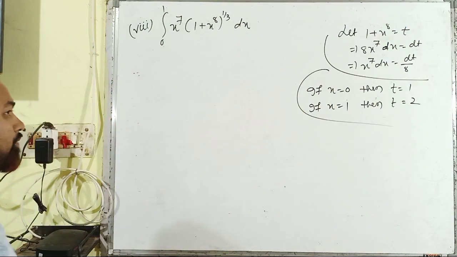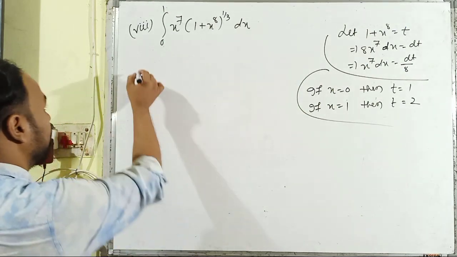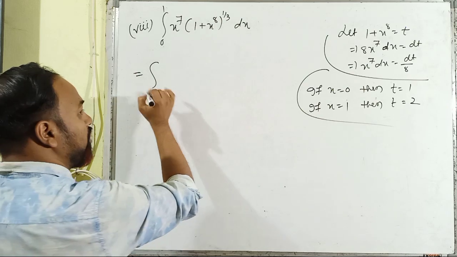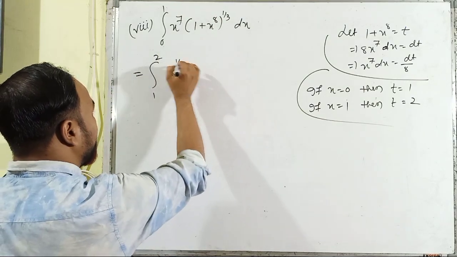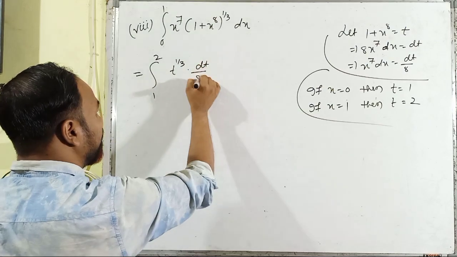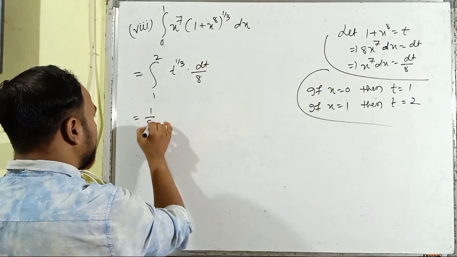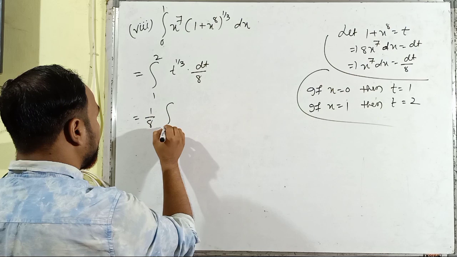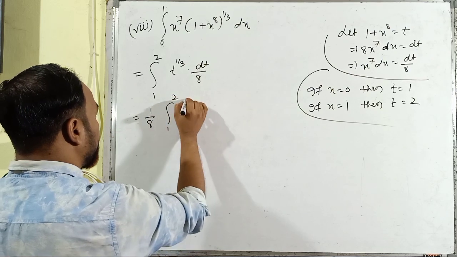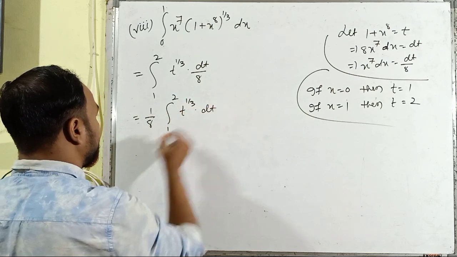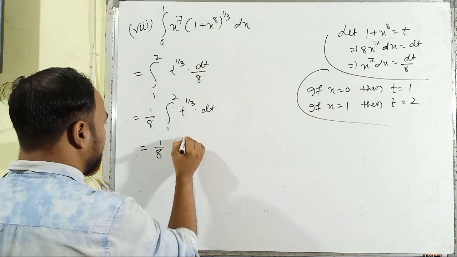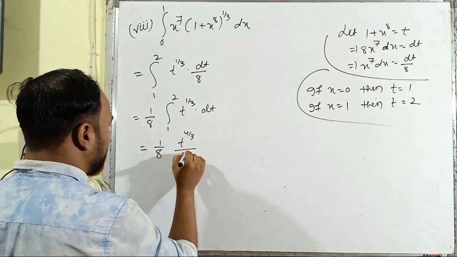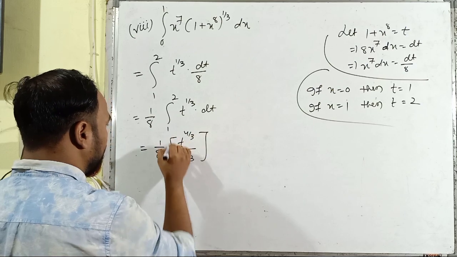Now the lower limit and upper limit have been changed here, and this is from 1 up to 2, and this is t to the power 1 by 3, and it is dt divided by 8, in which 1 by 8 is taken outside of the integration. It is the integral from 1 to 2 of t to the power 1 by 3 with respect to t. So here it is 1 upon 8 times t to the power 4 by 3 divided by 4 by 3.